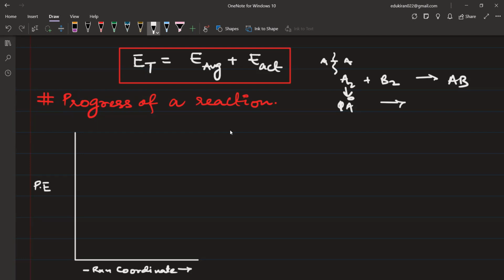That means this bond is breaking. As the bond is breaking, the AB bond will be formed. So we can track the progress of the reaction by tracking the distance between two A atoms. If the atoms are separating, and then reach some constant value, that means the product has been formed. So that is the reaction coordinate.